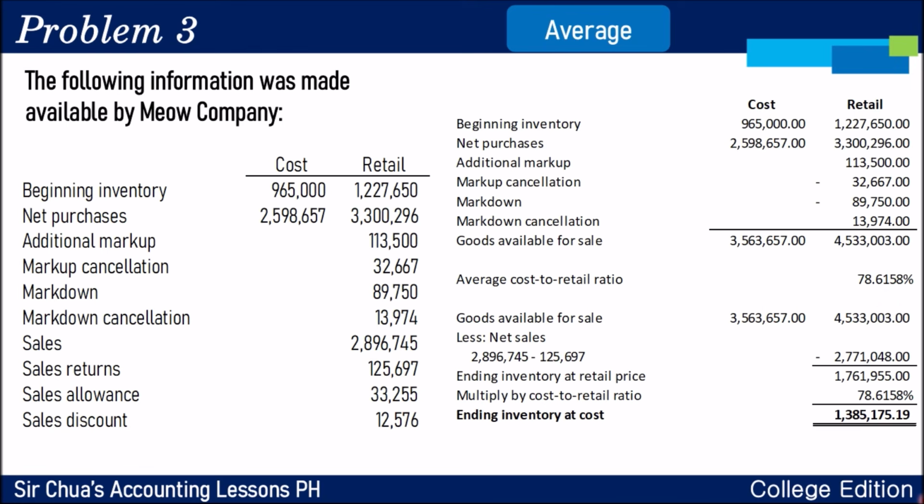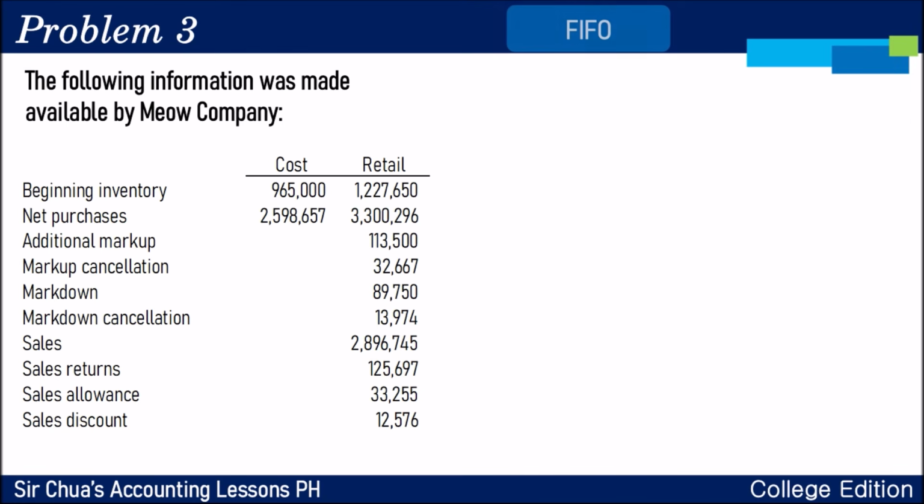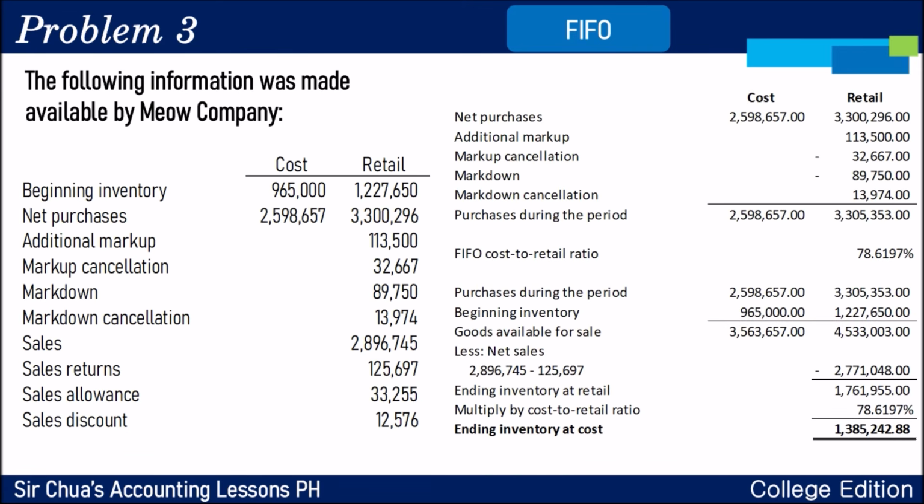Okay, so let's do the last one, which is your FIFO retail method. Pag FIFO naman po, ang sabi natin is the cost to retail ratio is just obtained from the current purchases made. Okay, so ang uunahin nating information si net purchases. Si purchases lang ang concern natin kasi. Okay, net purchases as to cost and as to retail, then same.